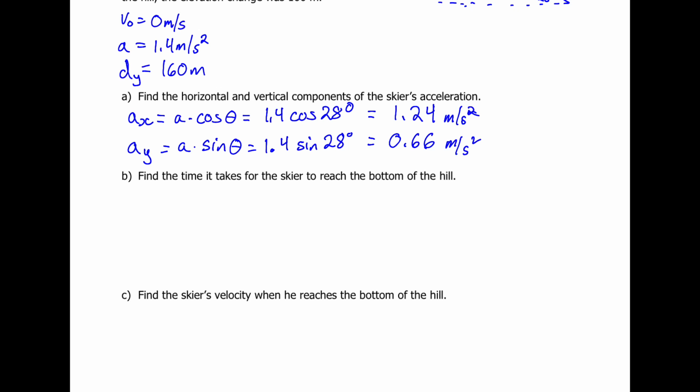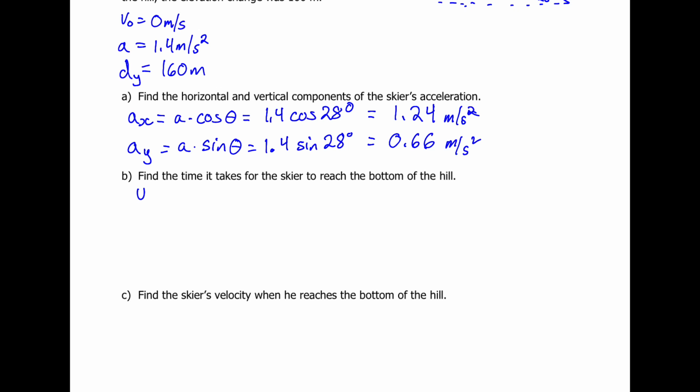Right, because we have the displacement in Y. So because we know our displacement in Y, we should try to find time with the Y components. If you look all the way to the bottom at part D, that's our horizontal displacement to find, and we don't know that, so it's going to be hard to use all of our horizontal numbers to get that. Okay, so we're going to use the Y direction.